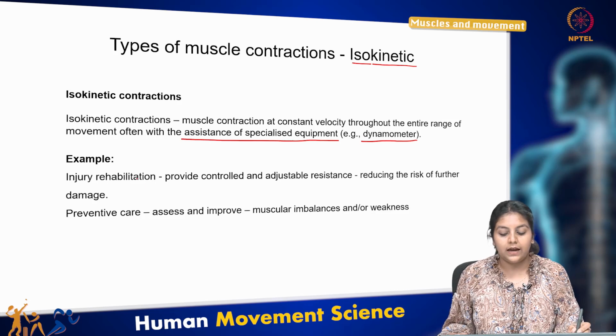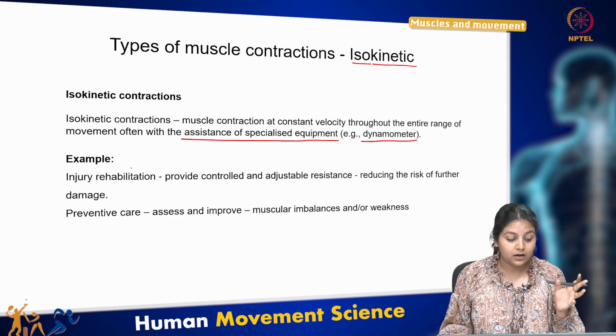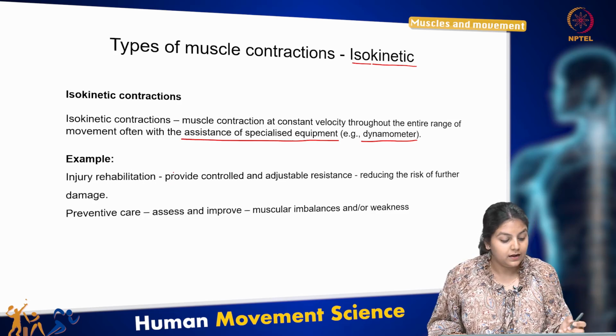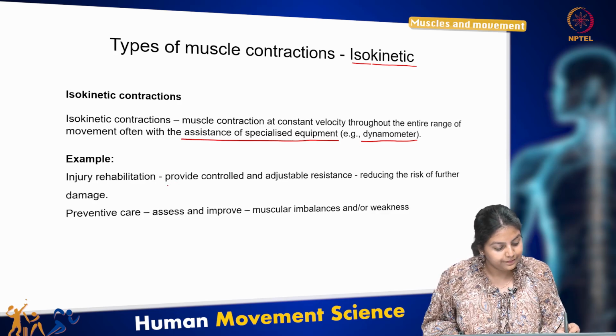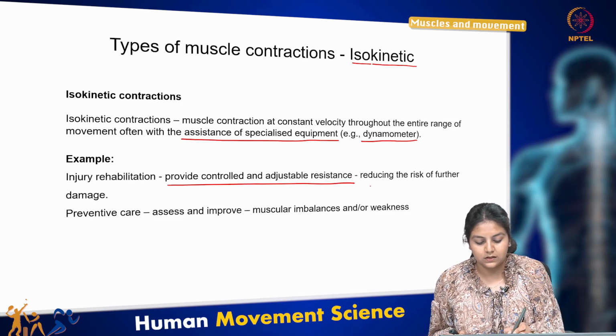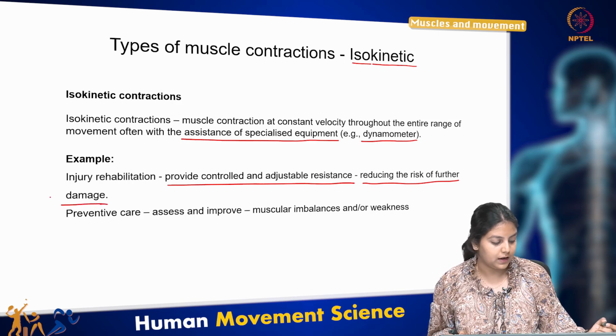You would see that a lot of the athletes that are coming back from injury, or to prevent injury, undergo training with exercises that have isokinetic controlled contractions. In injury rehabilitation, these devices provide control and adjustable resistance, and that helps in reducing the risk of further damage.